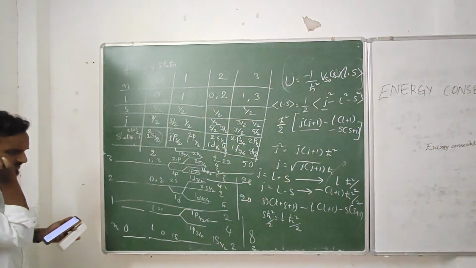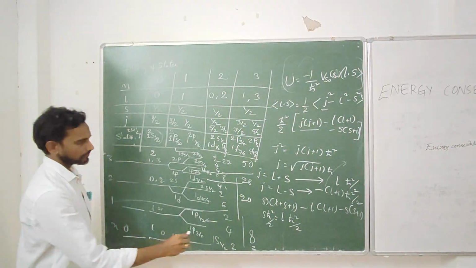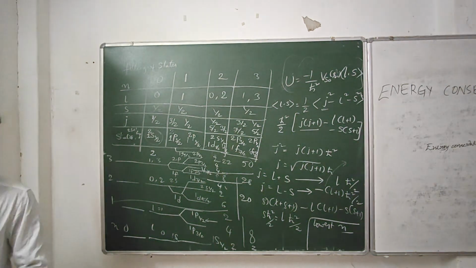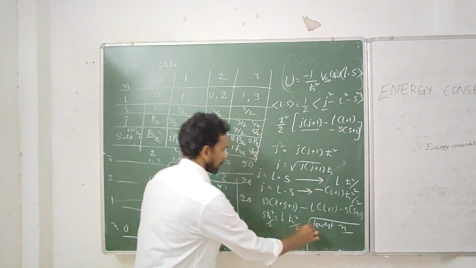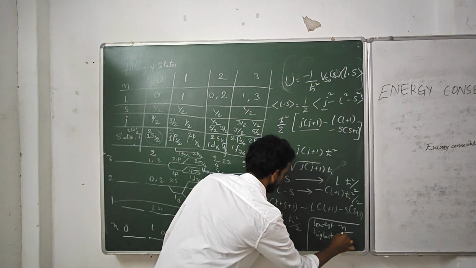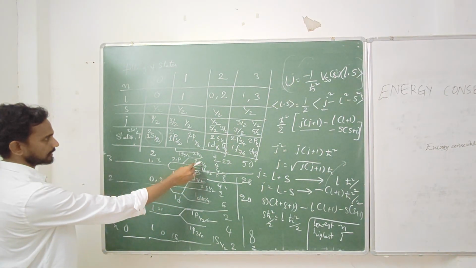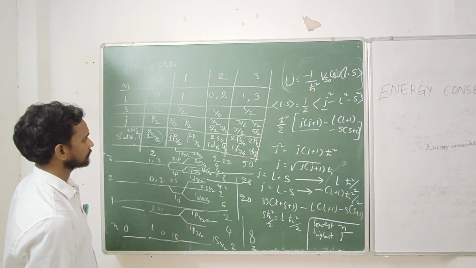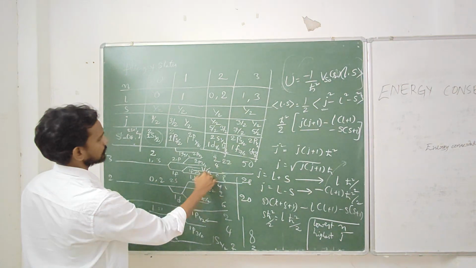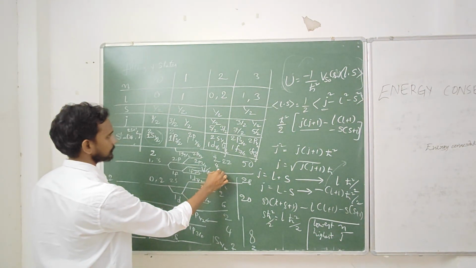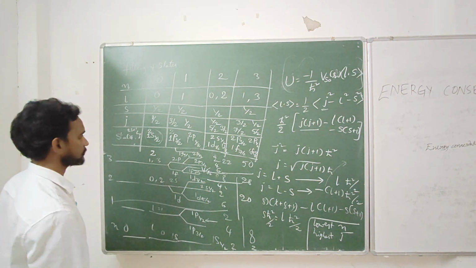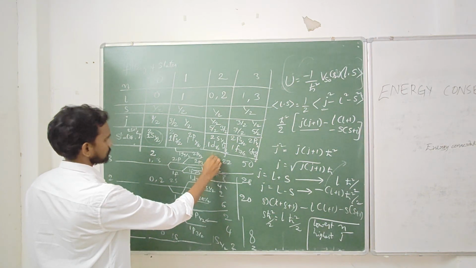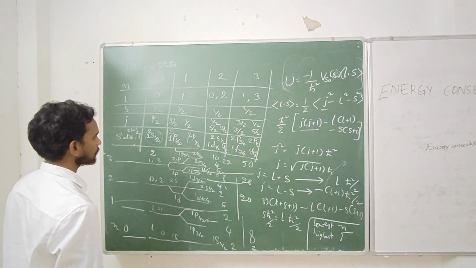The rule for the sequence is lowest n value must be the lowest one, and next comes highest j value, and if j value matches, in some cases like here, oh, this is 5 by 2, right? 1f 5 by 2. 7 by 2 counts in the lower level, so 1f 5 by 2, the sequence is 6, 6 plus 4 plus 2, plus 4 plus 10.